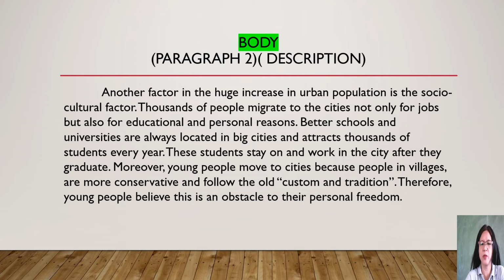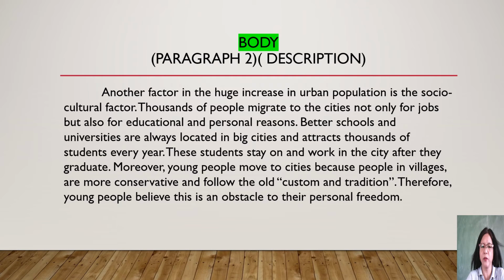In paragraph 2 of the body, the writer already uses description. Another factor in the huge increase in urban population is the sociocultural factor. Thousands of people migrate to the cities not only for jobs but also for educational and personal reasons.